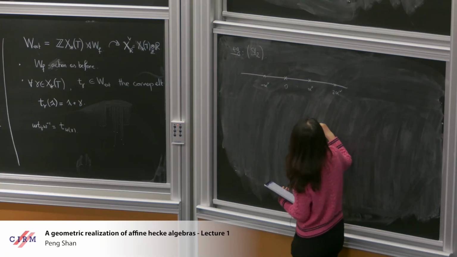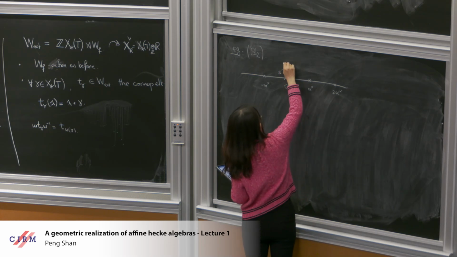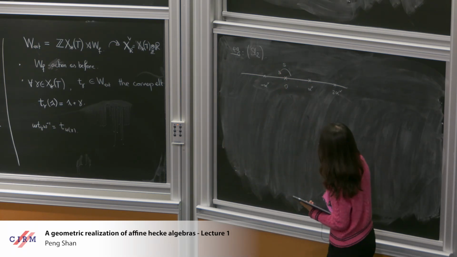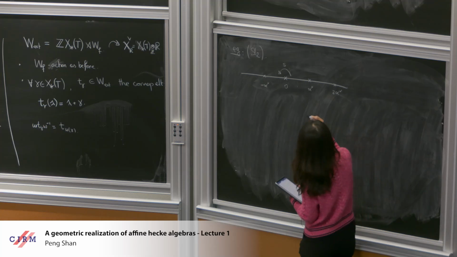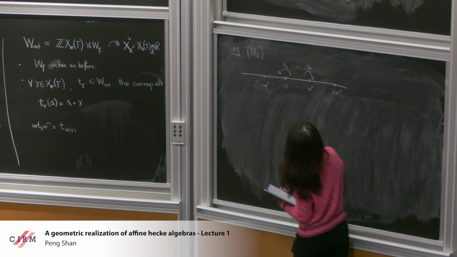So this reflection we denote by S. This is the simple reflection in the finite part, and then let's denote the reflection corresponding to this by S0. Let's say this is S1.